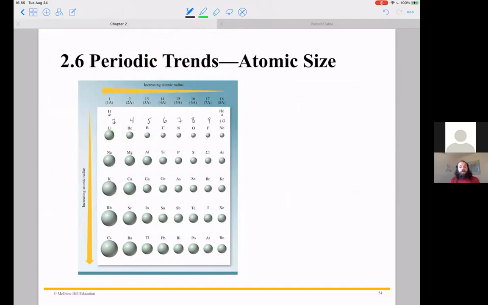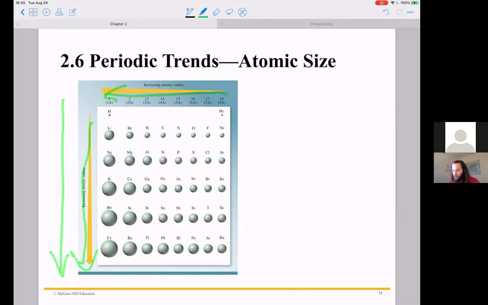Notice how I'm actually getting smaller as I'm going from left to right, okay? This is kind of counterintuitive because we're adding more protons and yet our actual atomic size is getting smaller. I'll explain why that is here in a second. But more importantly, I just want to note that this is indeed the trends of atomic radius.